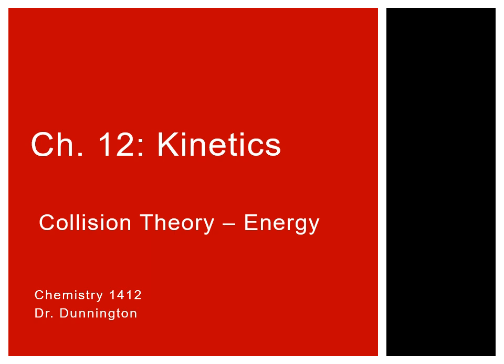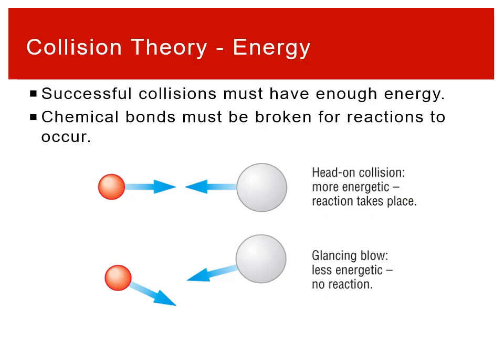So the other aspect of deciding whether or not a collision will successfully lead to a reaction is energy. When molecules collide, if you want to do a chemical reaction, they've got to hit each other pretty hard. You are looking at breaking chemical bonds. When you're doing a reaction, you're going to make new chemical bonds, but you also have to break chemical bonds.